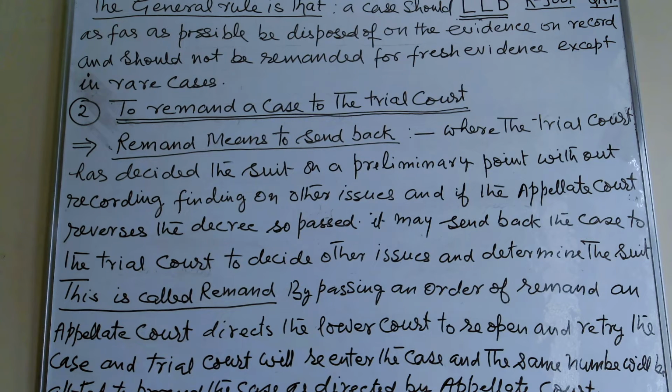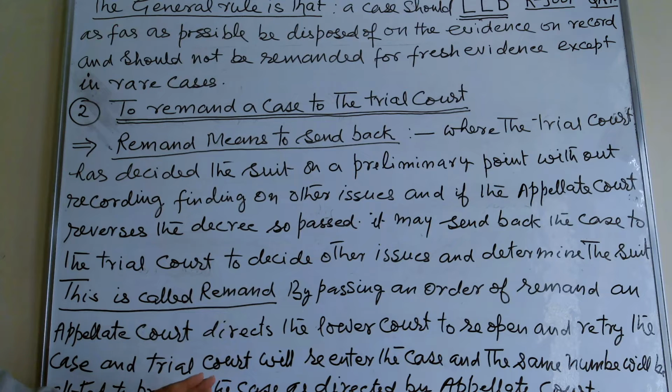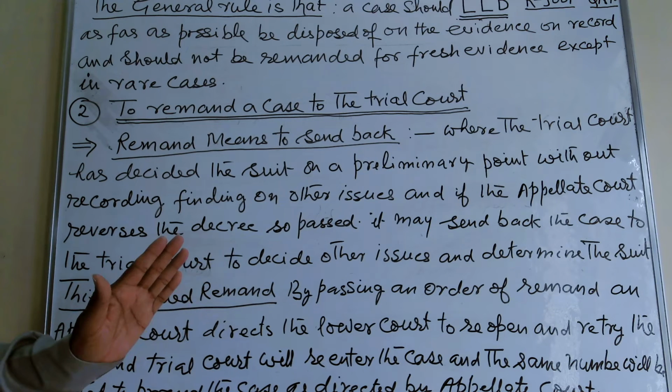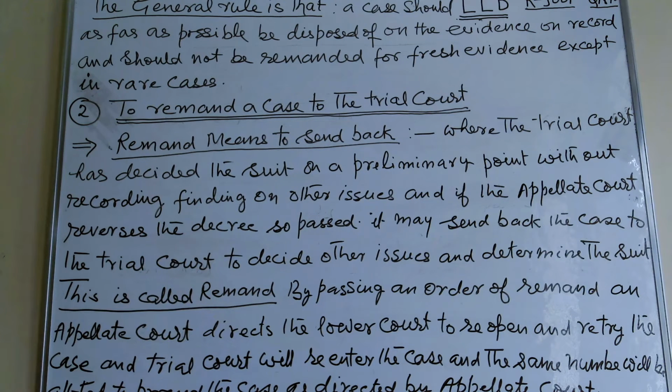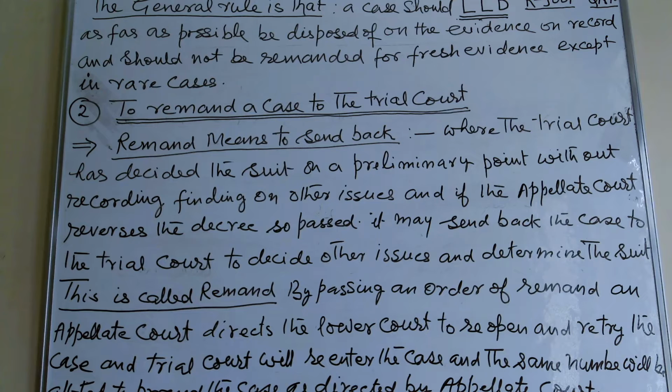When the case is sent back to the trial court, the number of the case will remain the same and the case will again be registered by the trial court to proceed with further proceedings. So this is the second power, that is, to remand a case to the trial court.